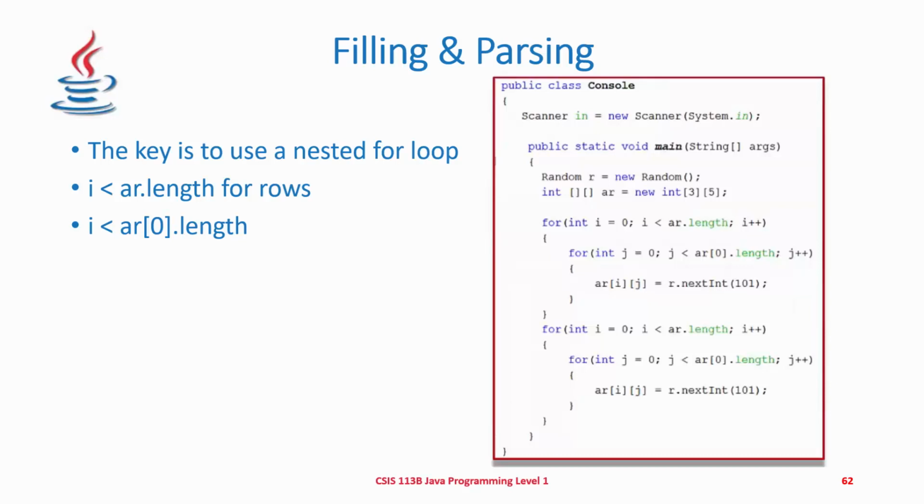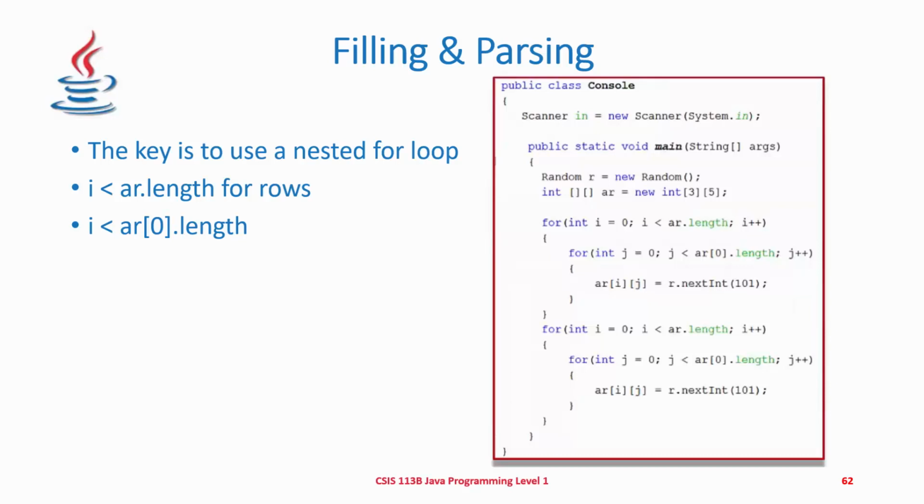But look in the nested loop there, we use ar[0].length. So what we're saying is, what's the length of the first row? That's going to be how many columns are in each row. So for the outer loop, just use your array name dot length. That'll take care of how many rows there are. And then in the inner loop, you could do one of two things here.